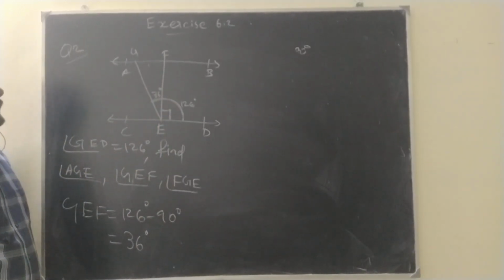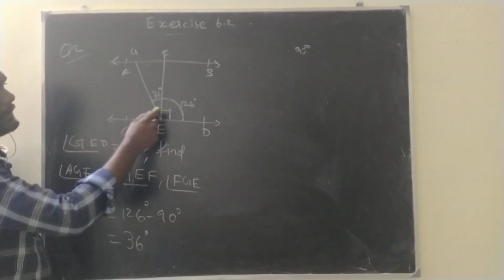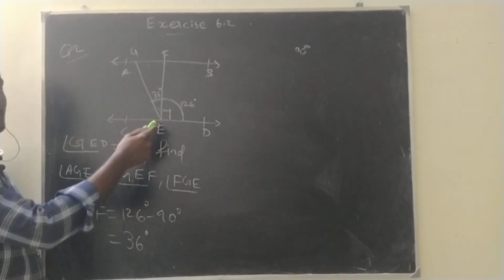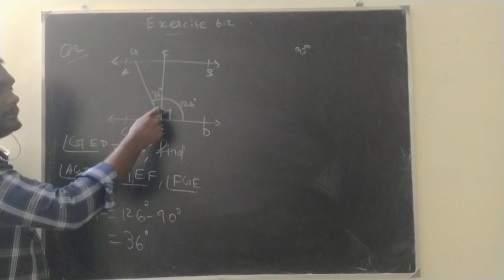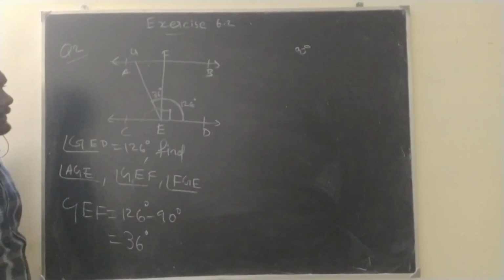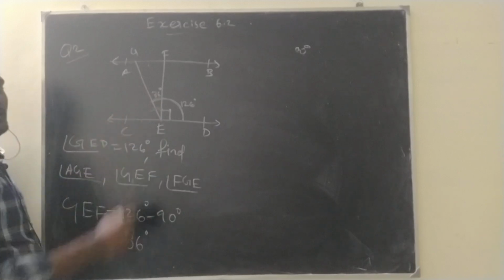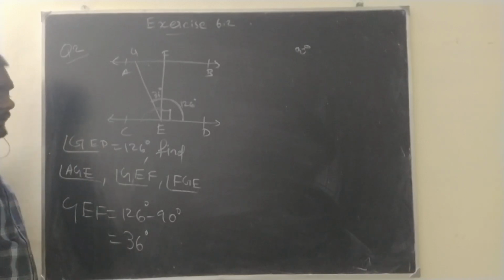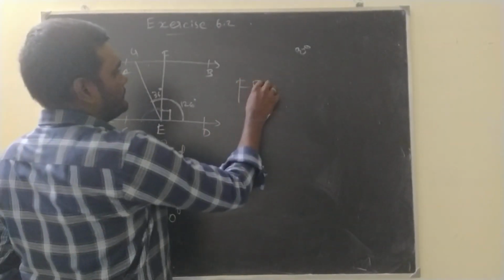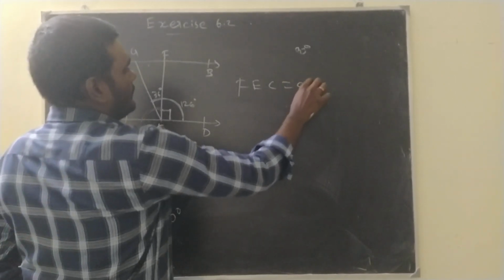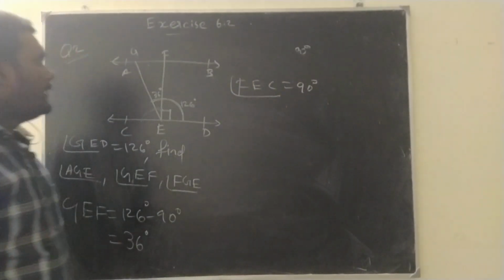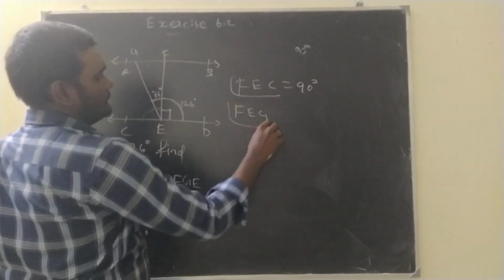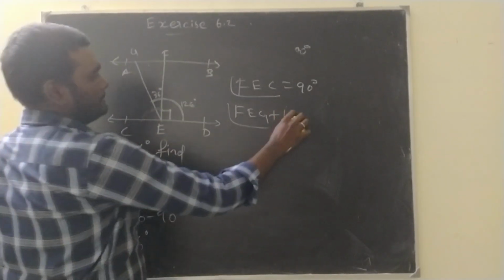Also, since these two make linear pair, which two? This 90 degree and the remaining half make linear pair. The other half also 90 degree. FEC is 90 degree. So that FEC equals 90 degree. That FEC can be stated as FEG, GEC.